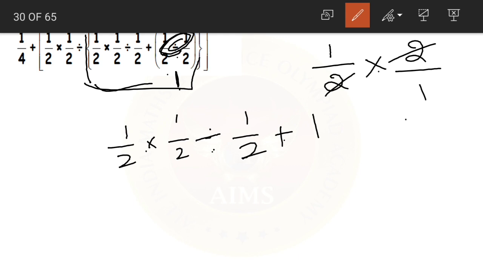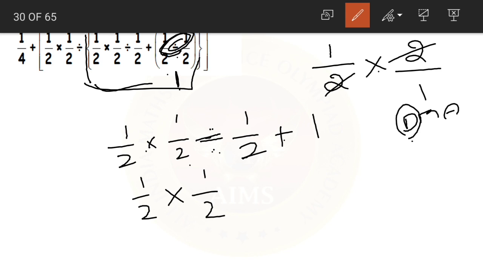According to our BODMAS rule, first comes division. So first we will divide: 1 by 2 into 1 by 2 written as it is. Now instead of division, multiplication, and instead of 1 by 2 it becomes 2 by 1 plus 1. Yes. Now here 2 and 2 get cancelled. We are remaining with 1 by 2 plus 1.